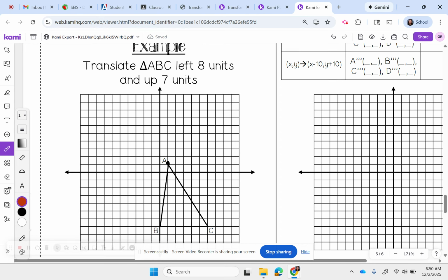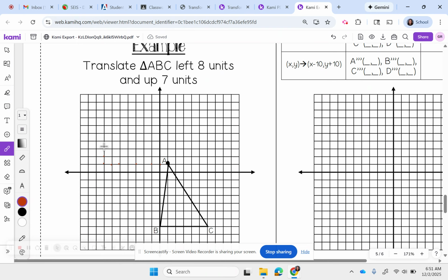So here, all we are doing is counting the units or the squares. Left 8. So I'm going to start at my point and I'm going to count 1, 2, 3, 4, 5, 6, 7, 8. You don't have to do these dots. I'm just showing you. And then from there, I'm going to go up 7.